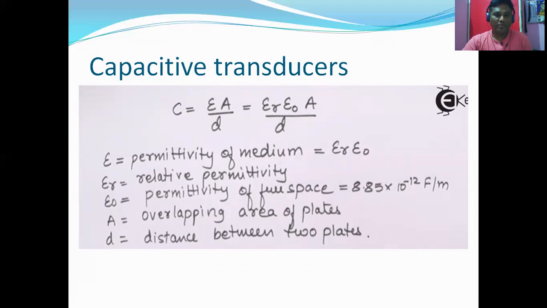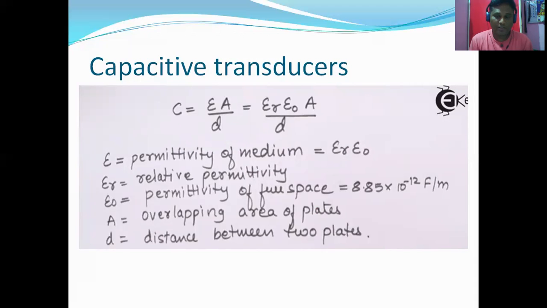Here epsilon means the permittivity of the medium, that is epsilon or epsilon 0. Epsilon r is the relative permittivity. Epsilon 0 is the permittivity of free space.